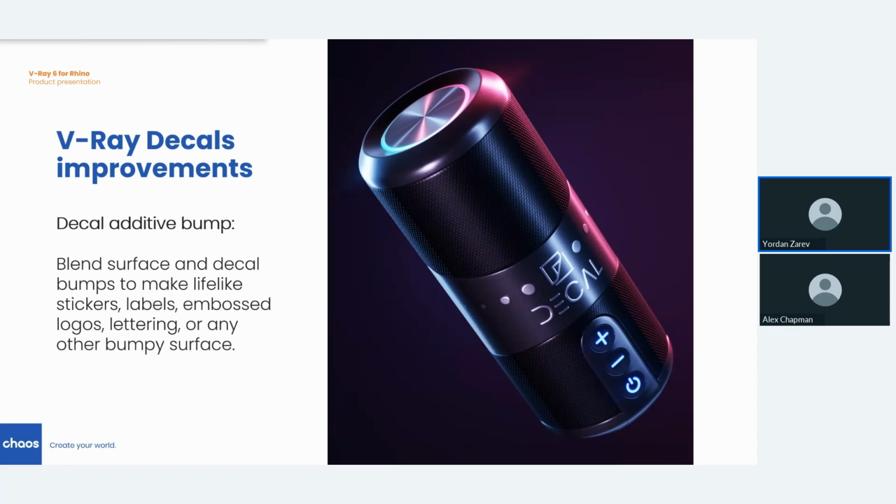Of course, on top of displacement, in the process of adding stickers or anything painted on top of your objects, usually you can have the material that's underneath the decal show through the actual material of the decal.